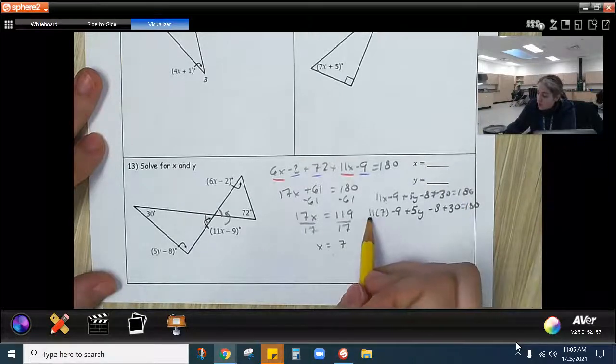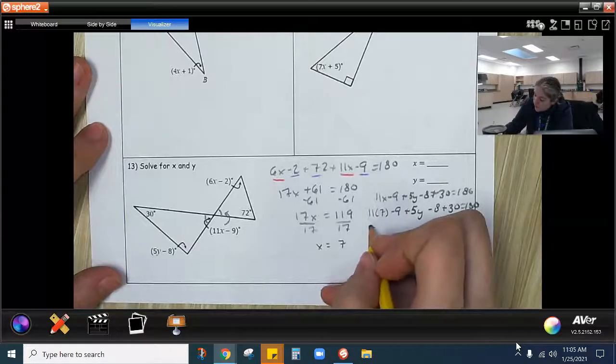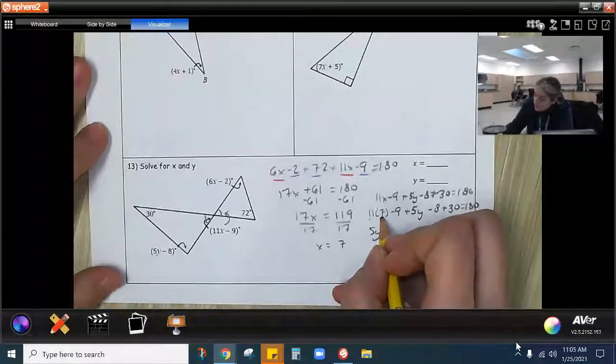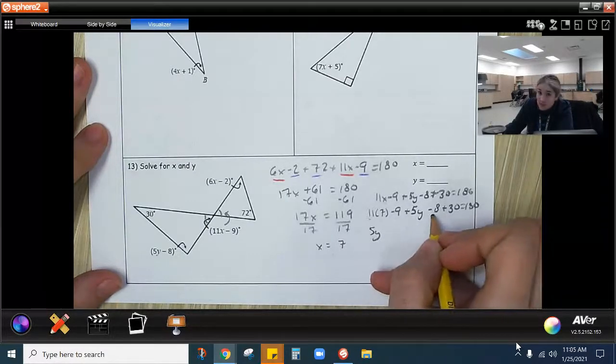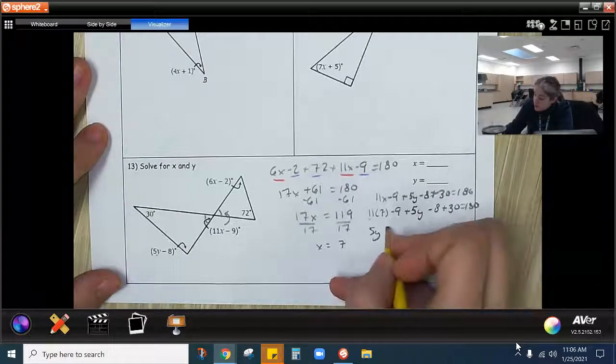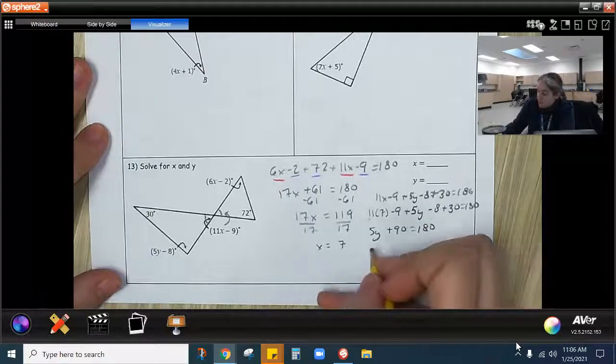So 11 times 7 is really 77. I'm just going to leave my 5y there. So I'm going to have 77 minus 9 is 68. Minus 8 is 60. Plus 30 is 90. So it's really plus 90 equals 180.